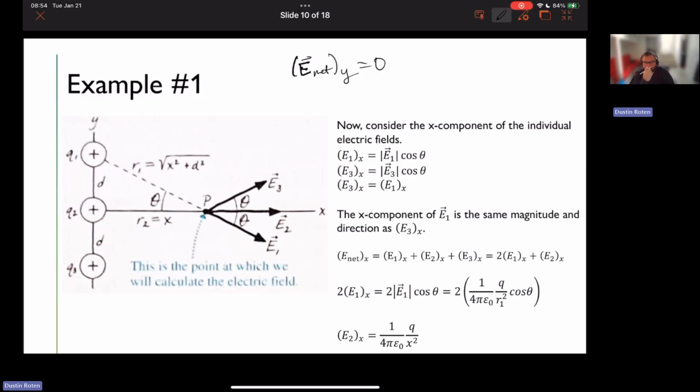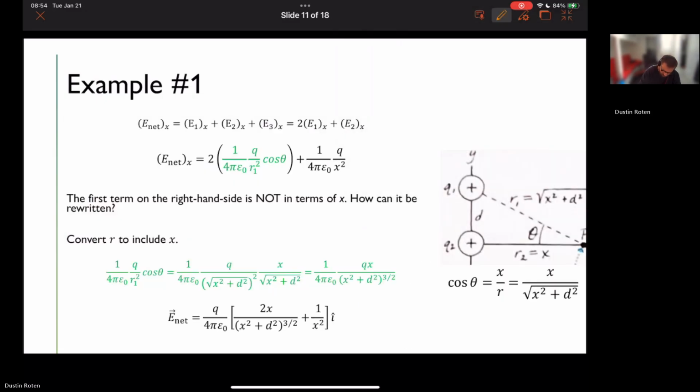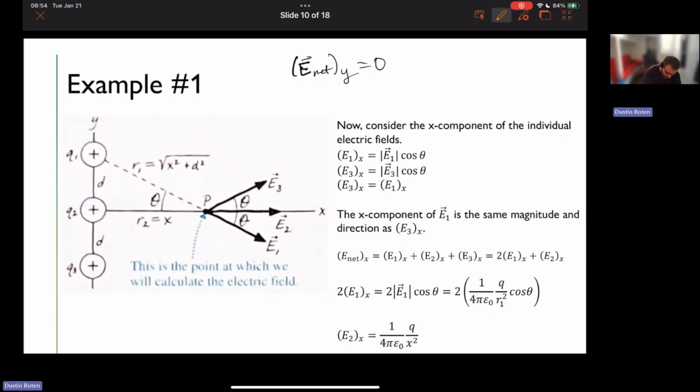So let's do the same thing again. For the first electric field, I used orange. Here's our orange E1.